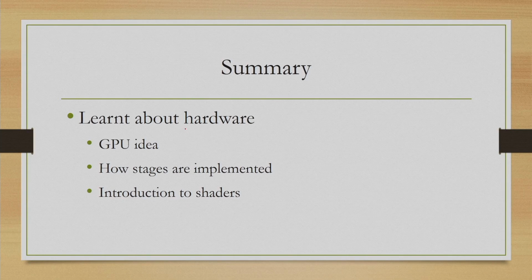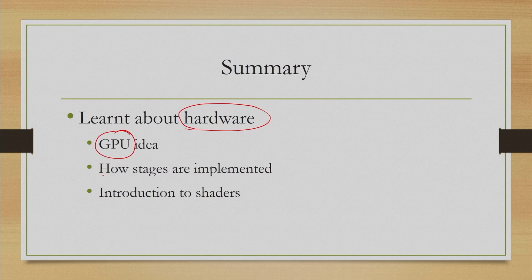So, in summary, what we have learned today, let us try to recap quickly. We learned about how the hardware works, that means the graphics processing unit, which is part of the computer systems that deal with graphics operations.